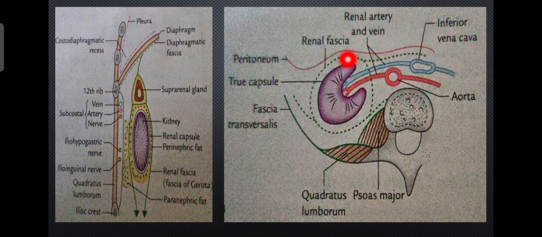So on the medial aspect, it goes anterior to the aorta and inferior vena cava to join with the opposite side, while posteriorly on the medial aspect, the posterior layer joins with that of the vertebra. On the lateral aspect, it also joins with the fascia transversalis. So this is the entire covering of the fascia of Gerota.